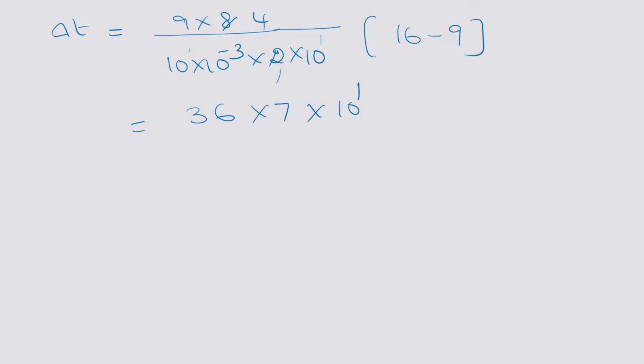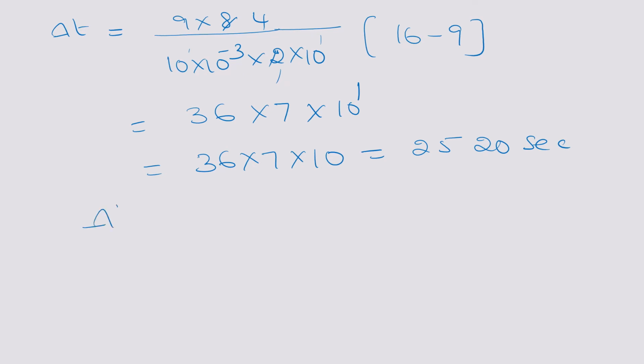So that is equal to 36 into 7 into 10, that is equal to 360 into 7, that is 2520 seconds.